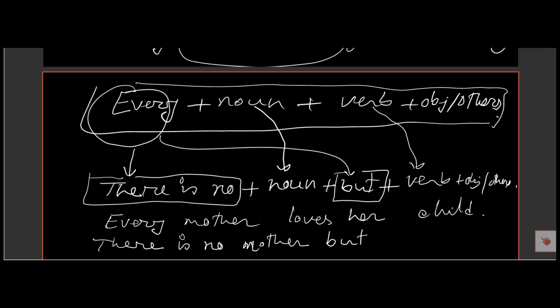So there is no mother but, and the rest of the words, the verb and object: loves her child. There is no mother but loves her child.